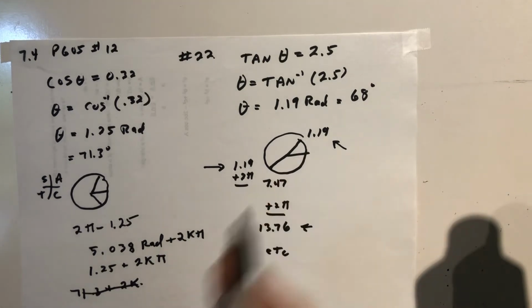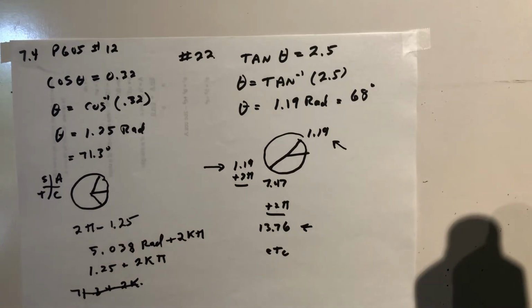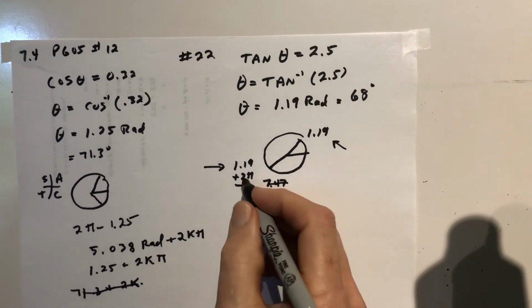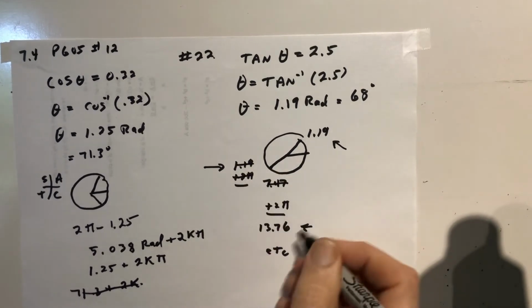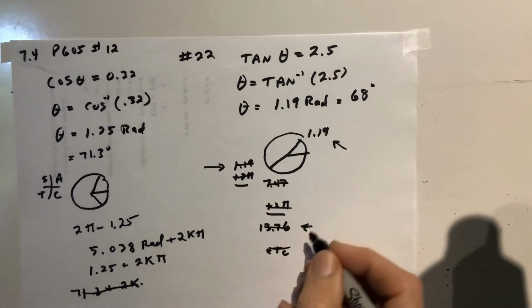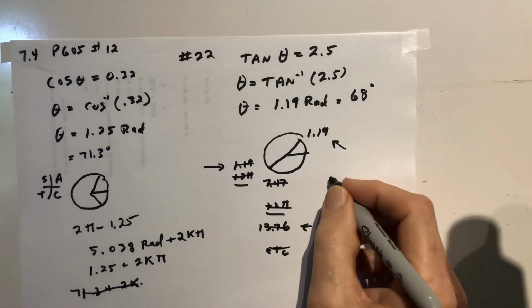should have added 1 pi. Did I add 2 pi? I certainly did. So we're going to have to change this. I'll say I did it on purpose, just so you can see a mistake. All right, that's 1.19.